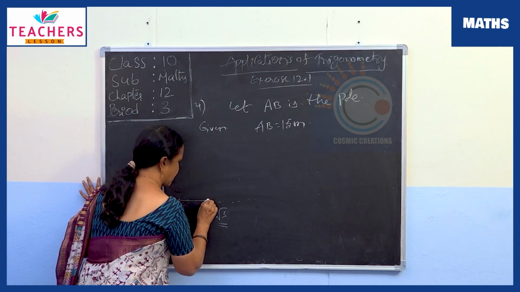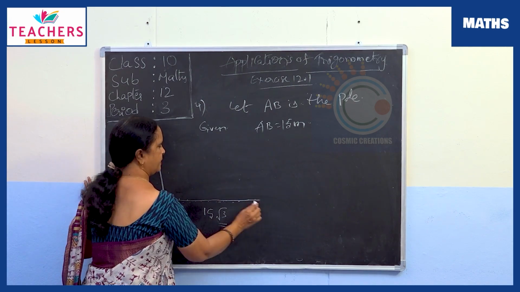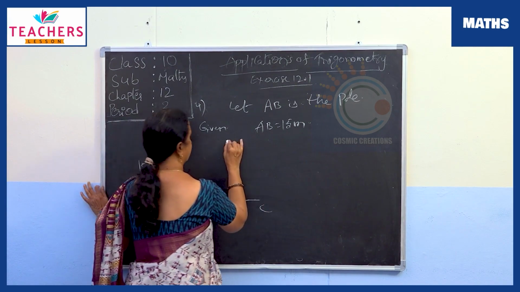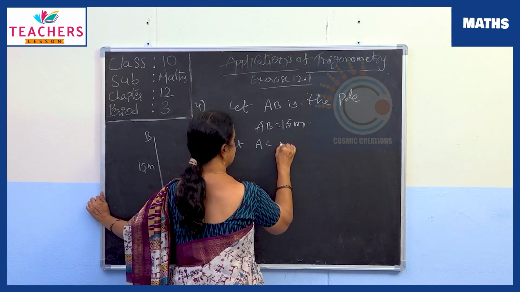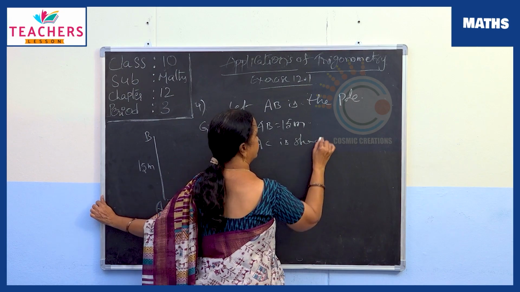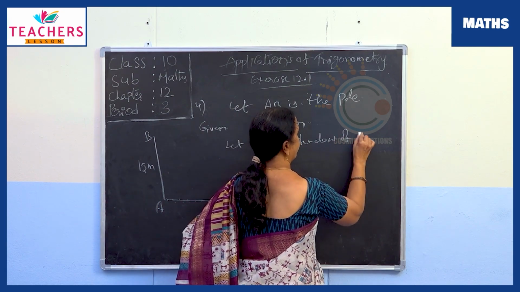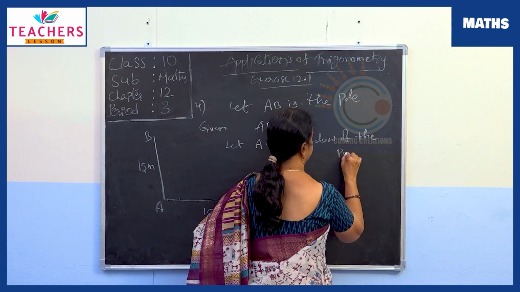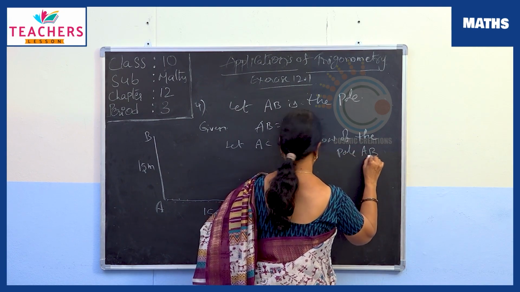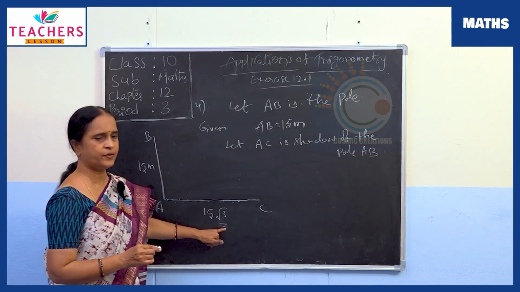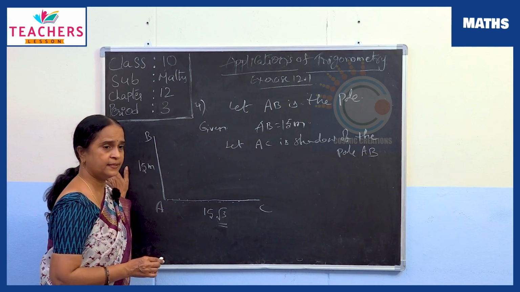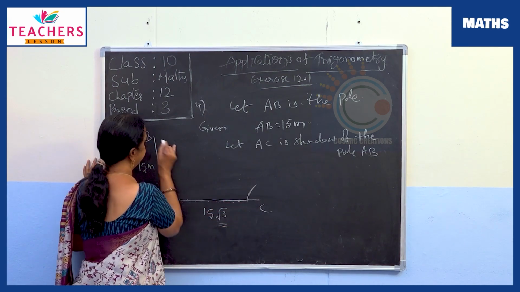So let this be the shadow. A, B, and this is going to be C. Let AC be the shadow of the pole. This is going to be 15 root 3. Now what to find? The angle of elevation.